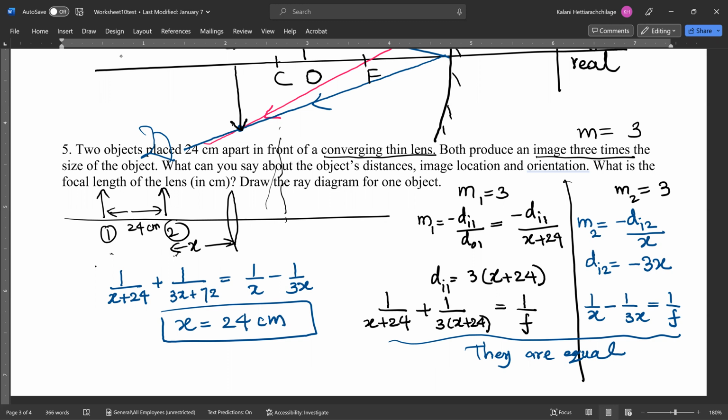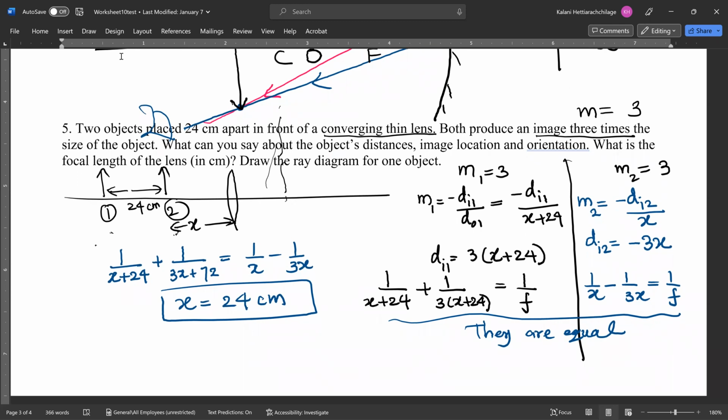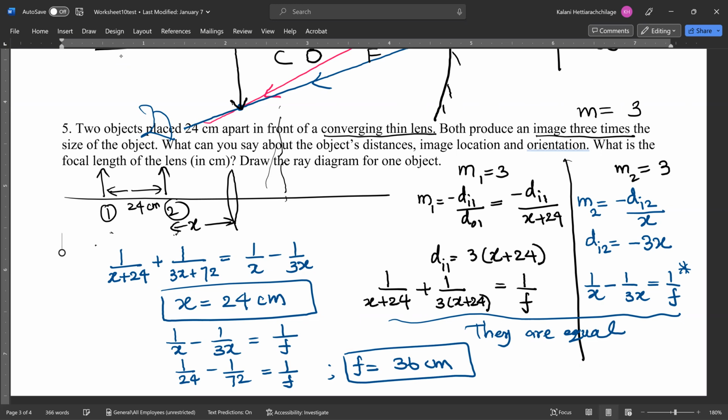Okay. So after you find the x, how do I find the f? The easiest way is to go to this formula in here: 1 over x minus 1 over 3x equal to 1 over f, and then plug the value 24 into here. Minus 1 over 24 times 3, which is 72, equal to 1 over f, and you will be able to find the f from this. What I have is 36 centimeters. Okay. Let's see, we give the answers to all the questions.